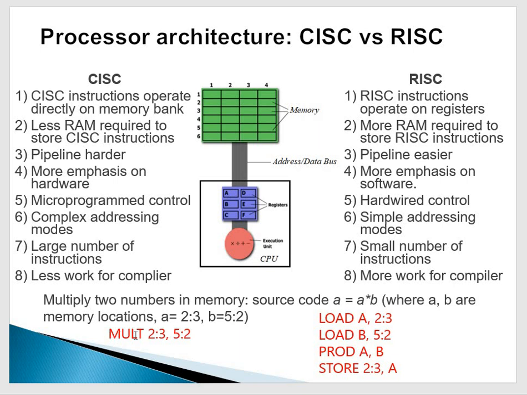So the role of the mnemonic is to define the type of operation. The second part is called the operand, and the operands are the locations of the data. Here we want to multiply two numbers. One number is stored at locations 2 and 3, another number is stored at locations 2 and 5.